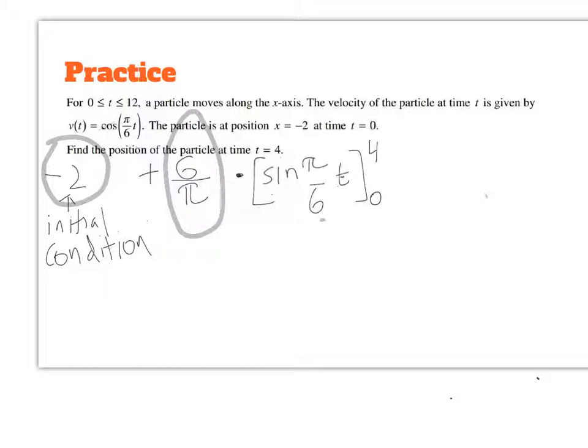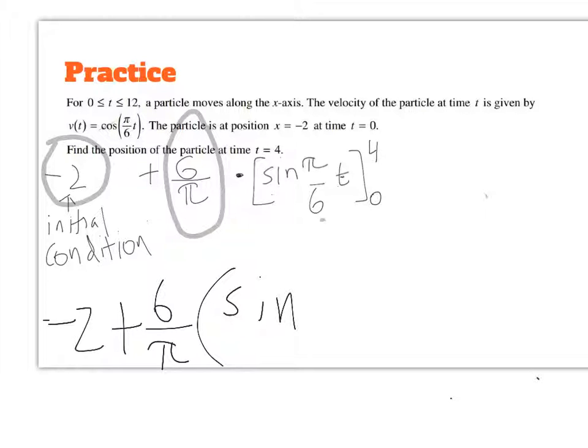So you do -2 plus 6 over pi times sine of 4 pi over 6, which is sine of 2 pi over 3, minus sine of 0 pi over 6, which is sine of 0.